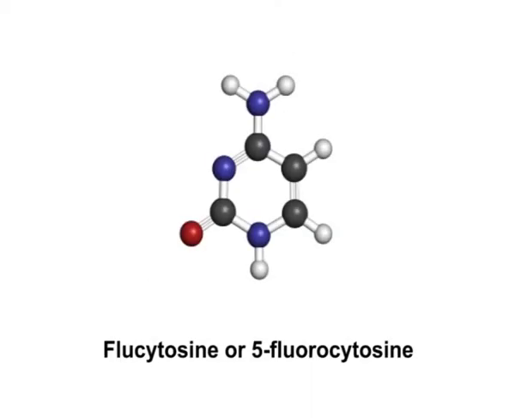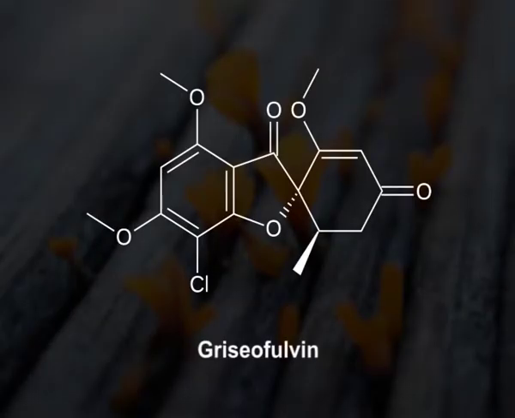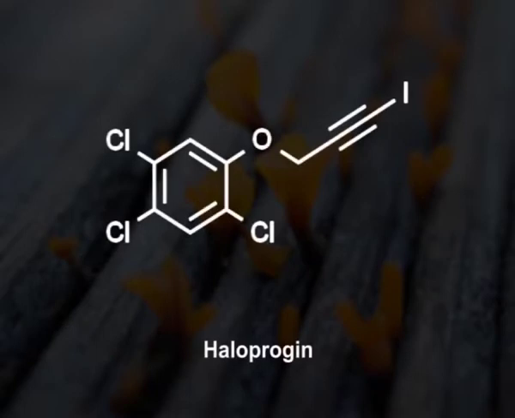Next is flucytosine, or 5-fluorocytosine, an antimetabolite pyrimidine analog. Next is Griseofulvin, which binds to polymerized microtubules and inhibits fungal mitosis. Next is haloprogen, discontinued due to the emergence of more modern antifungals with fewer side effects.